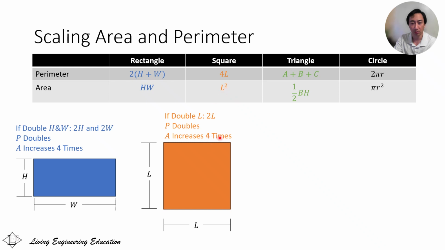Now, if you look at the rectangle and just double just the height, let's say, then the area would just double. If you try to compare that to the perimeter, it's a little more complicated because there's an additional component. So it's not going to double or quadruple, it's going to add a certain component to it.